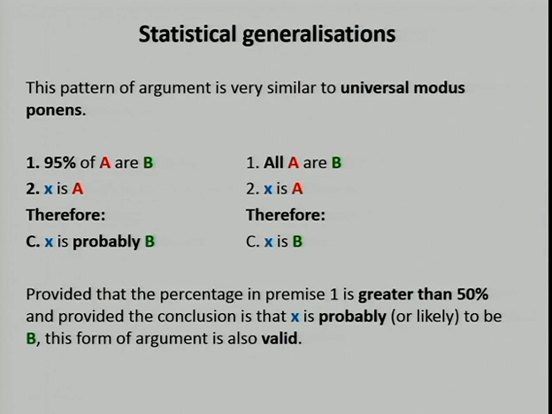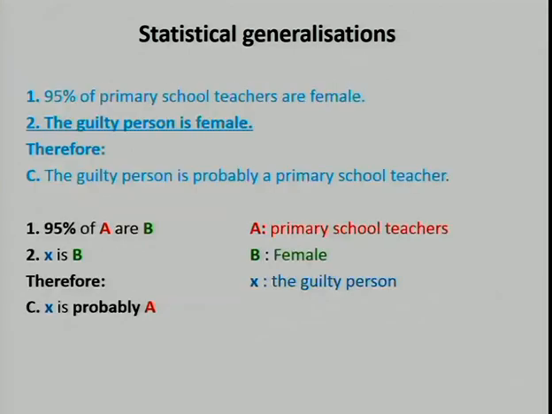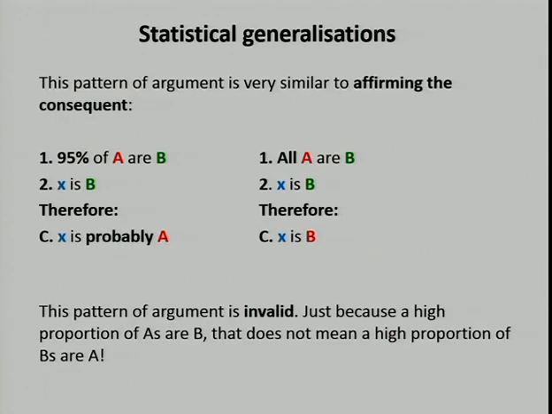So this is just reusing what you already have. And that's going to cut in the same direction for different cases. So if you change premise 2 to the guilty person is female, then, and again, this is no news to you anymore, you'll have a form that is similar to affirming the consequent, sorry.